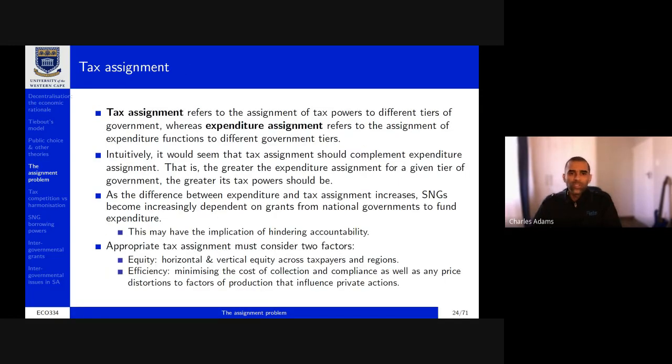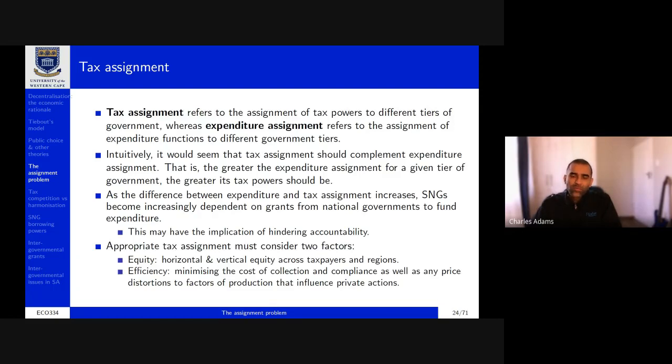Okay, now let's talk about tax assignment. So tax assignment refers to the assignment of tax powers to different tiers of government, and expenditure assignment refers to the assignment of expenditure functions to different tiers of government. And as I mentioned earlier, these are quite distinct, and there can be a break between these two things, right?